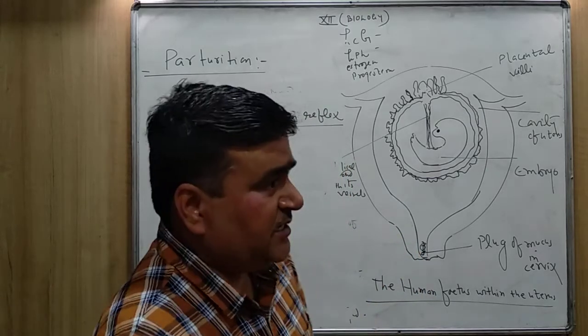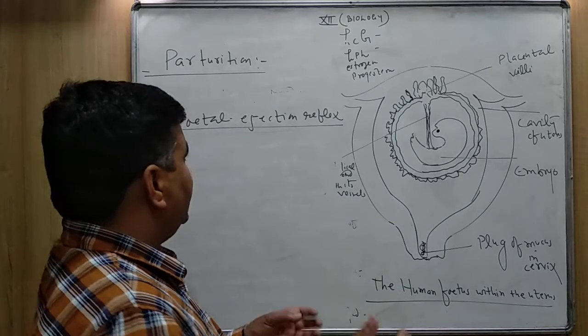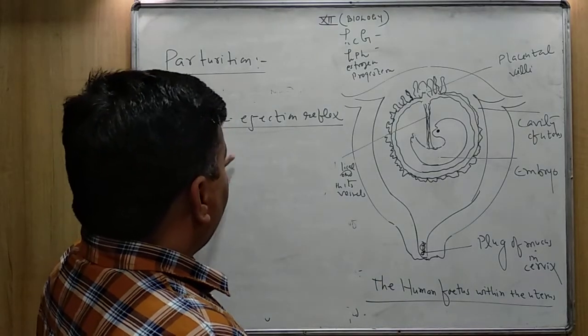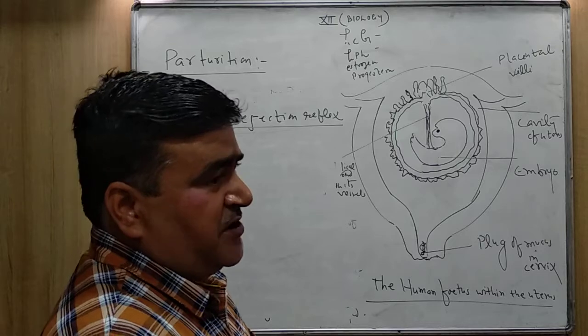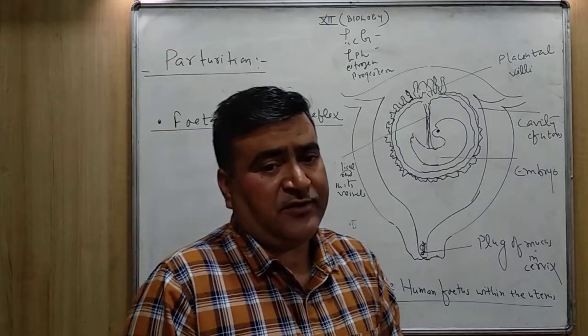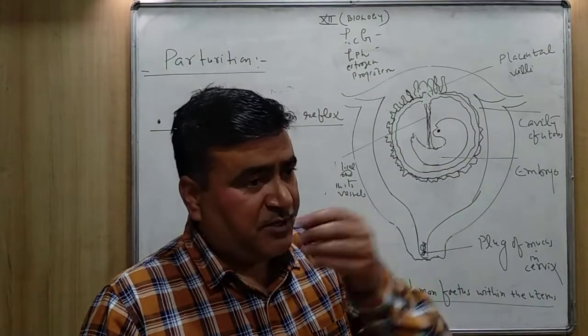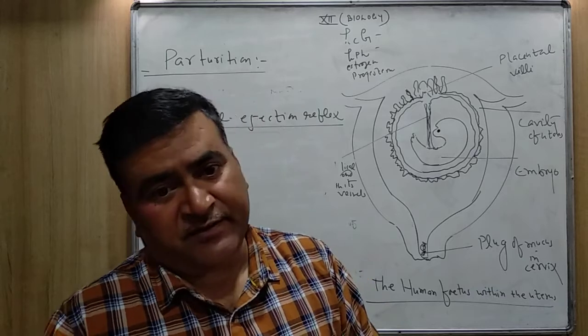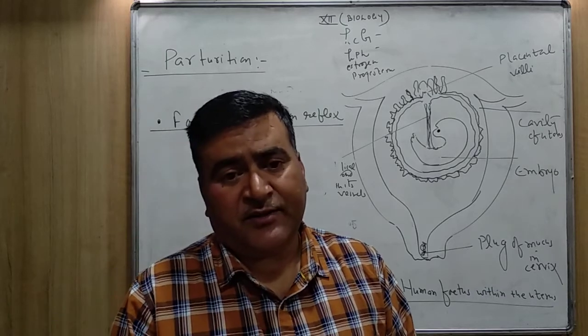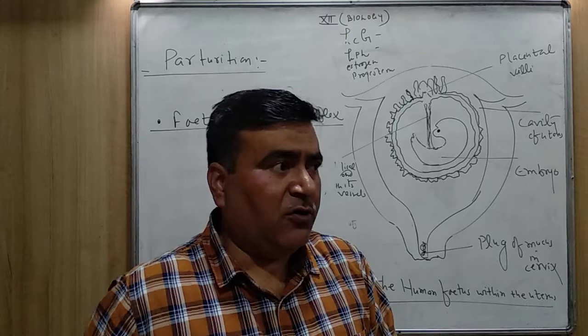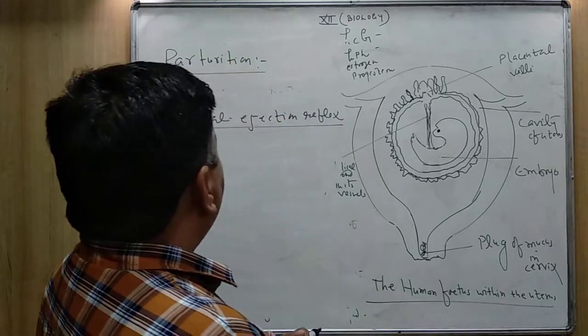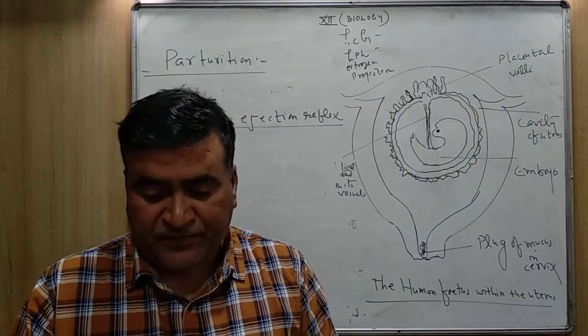Because the signal goes to the pituitary gland, it is called the fetal ejection reflex. It is a kind of reflex action. When the message goes to the pituitary, then the hormone is secreted, then the fetus is going to be expelled. So this whole process is called the fetal ejection reflex.